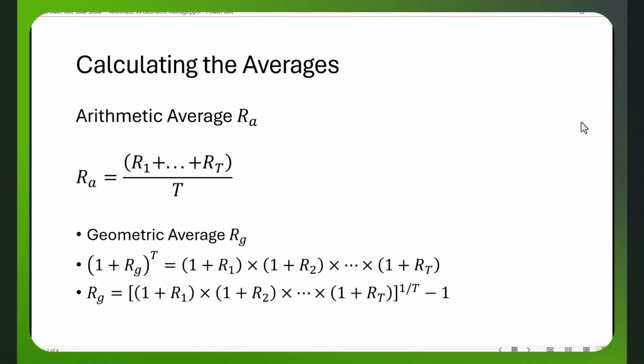To get the average, we have to get that t out of here, and we can do so by raising this to the 1 over t power. You have to do that to this side of the equation too. Then we'll have 1 plus R sub G, the t will be gone, and we subtract 1 from both sides. So we're averaging using this formula rather than this formula.